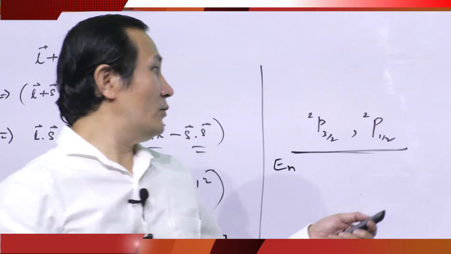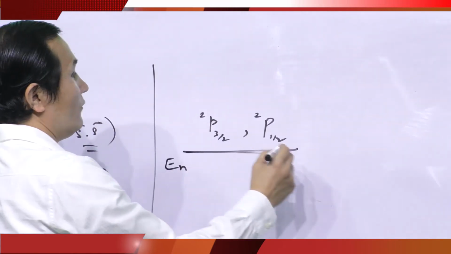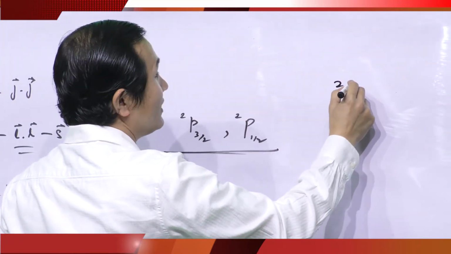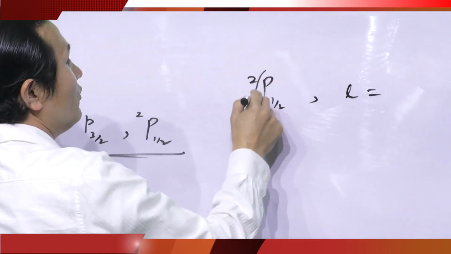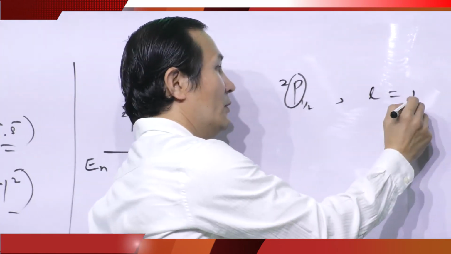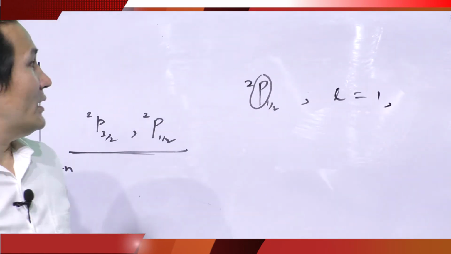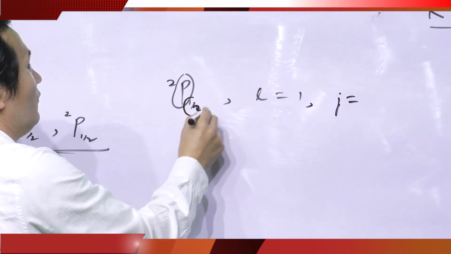So how the value comes, let us try to understand in this way. For the first state, 2p 1 by 2, L is equal to 1, that is the meaning of p, and J is half. This is the value for J.